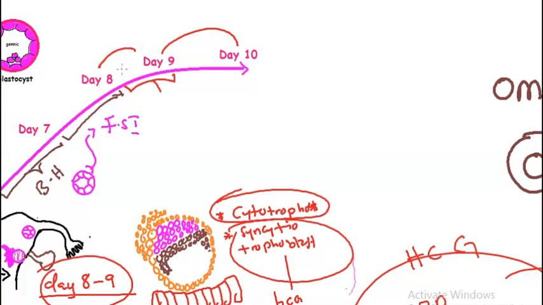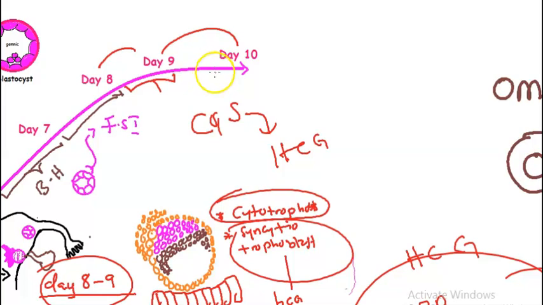The trophoblast layer will differentiate into 2, one starts with C and one starts with S. And we said this one produces one hormone, which is the HCG, human chorionic gonadotropin, which we said is an essential hormone for maintaining the pregnancy. So what really happened at day 10?